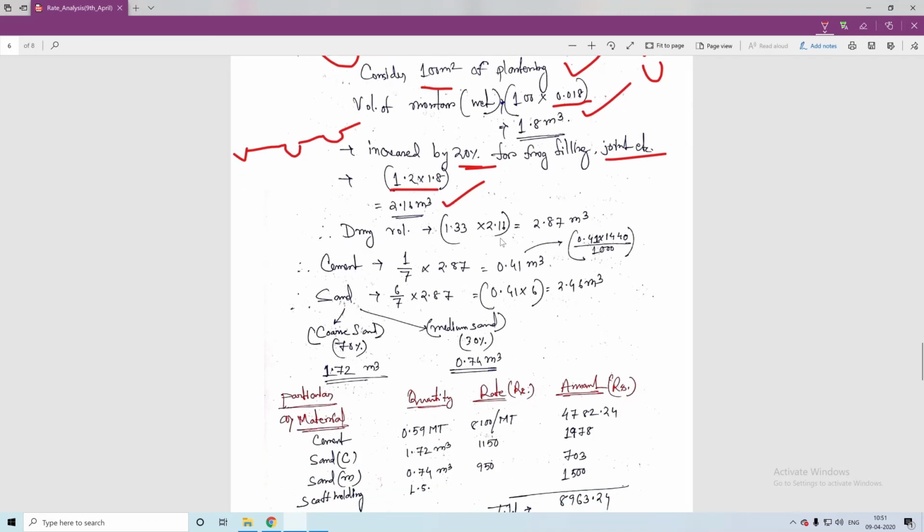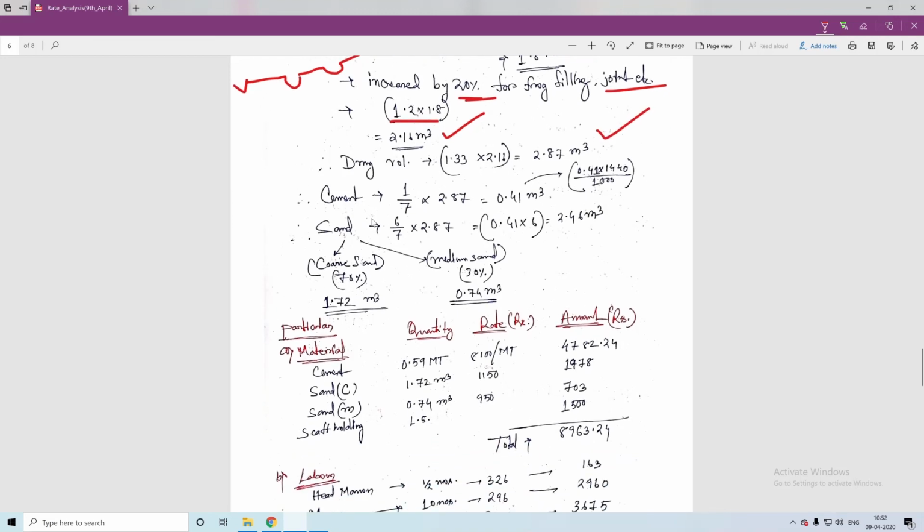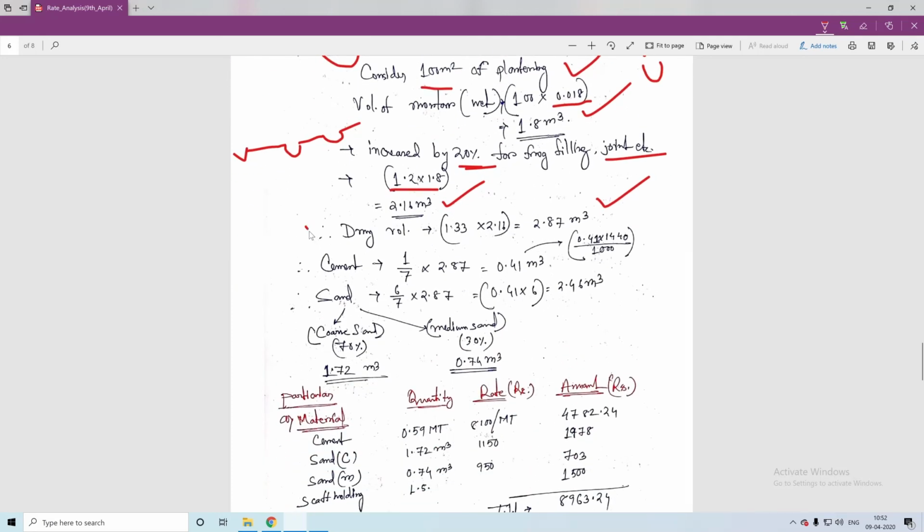Now dry volume, same, 33% we have to increase, 1.33 into 2.16, so 2.87. Now just divide it in the ratio 1:6, so cement becomes 2.87 into 1/7, that is 0.41 meter cube, and convert it into metric ton, same process. And sand is 6/7 into 2.87, that is 2.46.